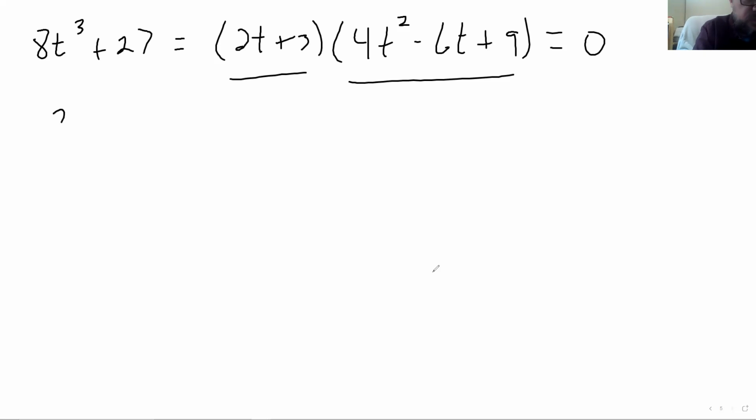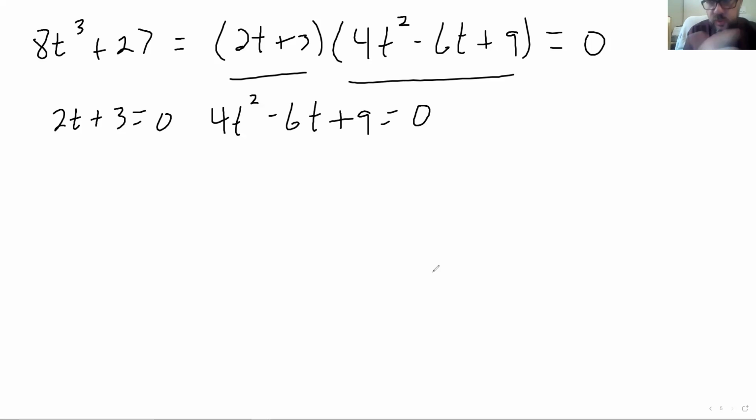So I can say that 2t plus 3 equals 0, or 4t squared minus 6t plus 9 equals 0. Now, the first one is much easier, and this is actually why factoring is so nice. I can just subtract 3, divide by 2, and get t equals -3/2. The one on the right, though, I told you it doesn't factor, but that doesn't mean we can't solve it.